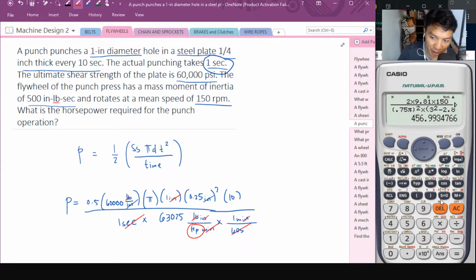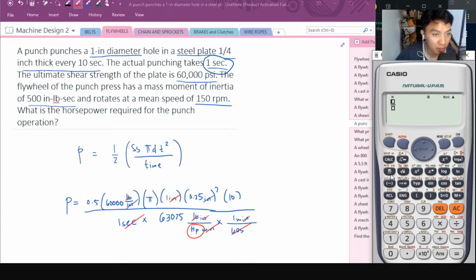So, the power of punching for 10 seconds, every actual punching na 1 second, makagawa ka ng 10 punched holes, 10 punching operations in 10 seconds. So, 0.5 times 60,000 times 10 times pi times 0.25, square na natin yung value, divide by 63025, divide by 60. So, the answer is ilang HP?